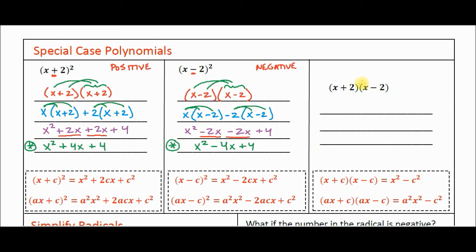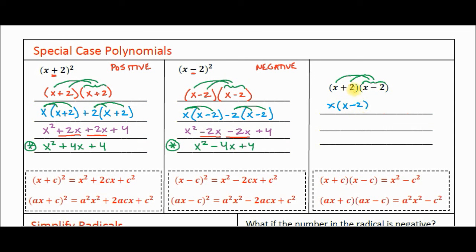Let's go ahead and distribute by grouping. So the x value goes to our binomial and the +2 value goes to our binomial. And we end up with x times x minus 2.